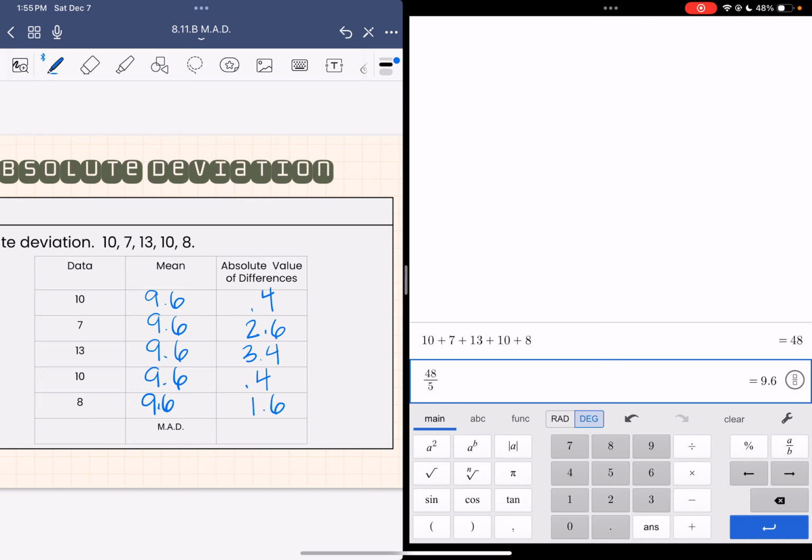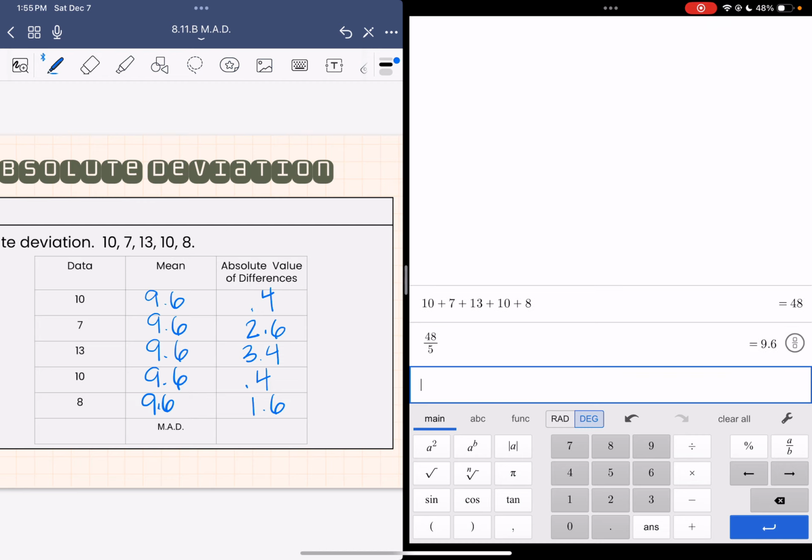So now I'm going to get the average of all the differences. Now, mind you, I did the absolute value. There are no negatives. So if you put it in your calculator and you get a negative, it needs to be the absolute value, which would be a positive value. So now we're going to get the average of all of those.